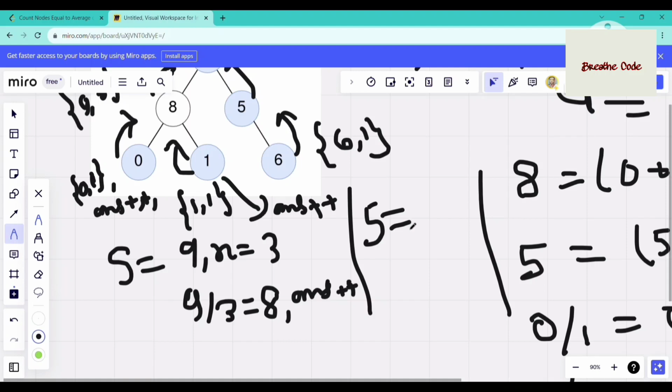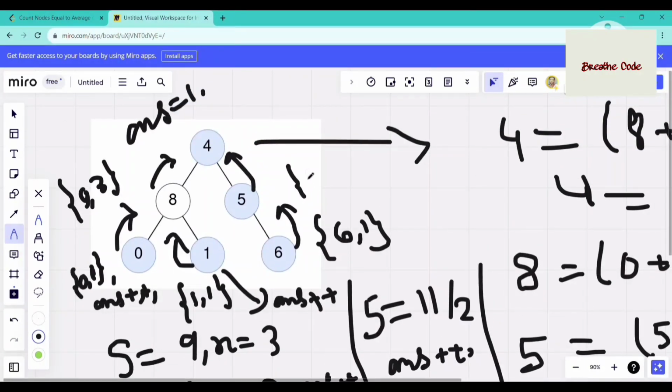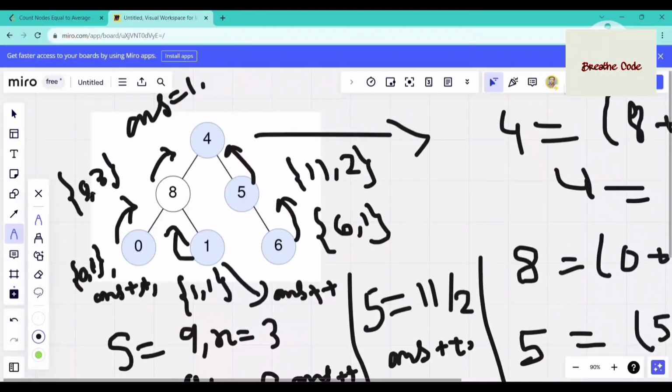So here I'm writing, the condition will be 5 equals 11 divided by 2. This condition becomes true. I'll increment my answer plus plus. Okay, and I will return what? I will return the sum and the number of nodes. The number of nodes is 2.